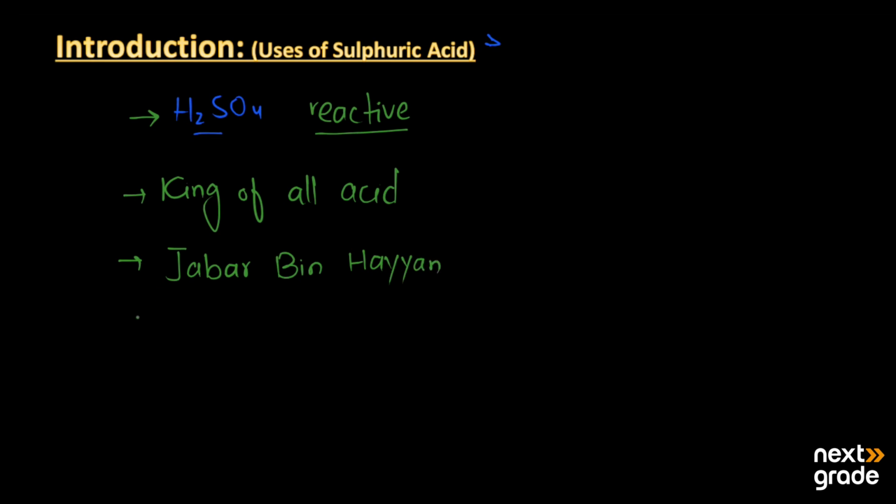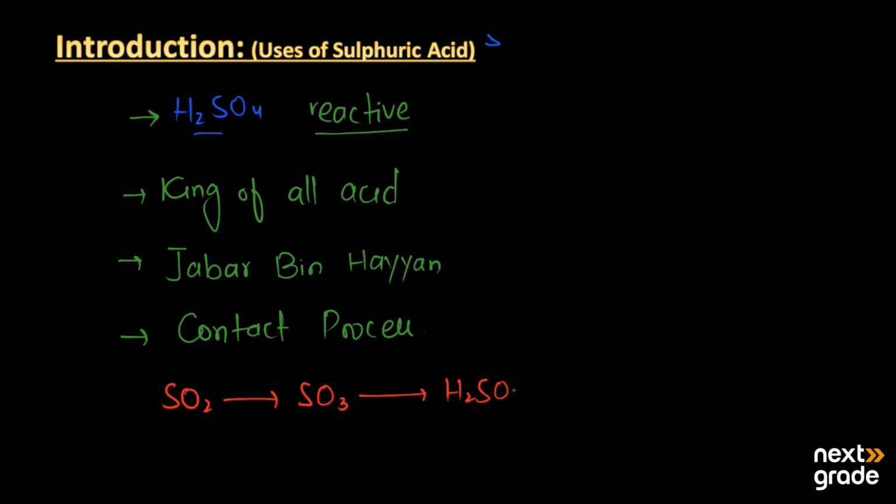On the other hand, it is prepared by a specific process called the contact process, in which it is prepared in different steps. The first is the production of SO2, then the production of SO3, and after this, the sulfuric acid is produced by the contact process.